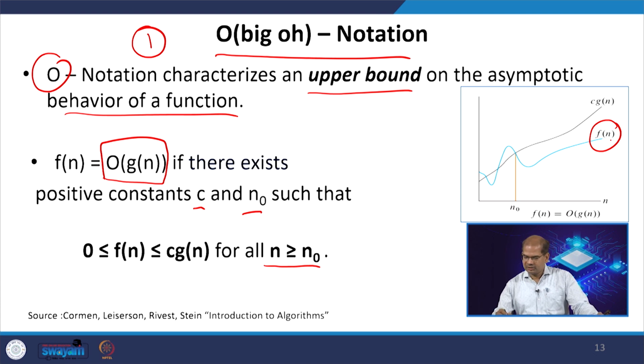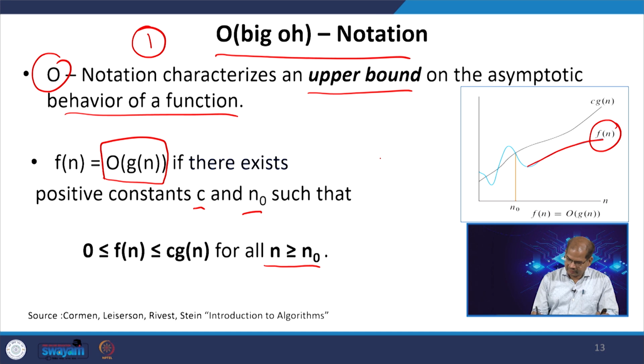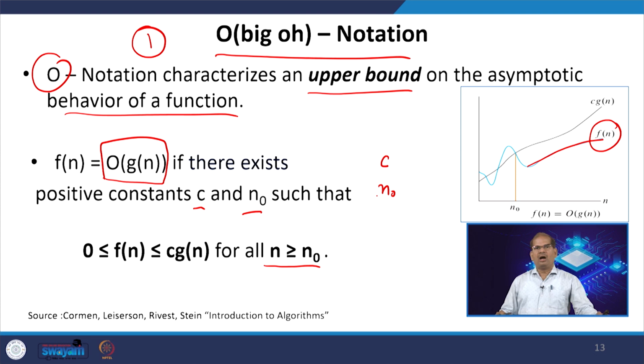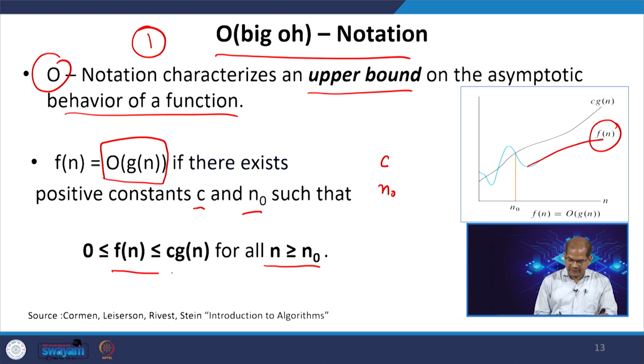You have a function f of n which is plotted here, and I have another graph, c of g of n. I need to find two things, c and n naught. Both are positive constants, they should not be negative, such that my f of n is less than or equal to c of g of n. Then we can represent this as big O of g of n.